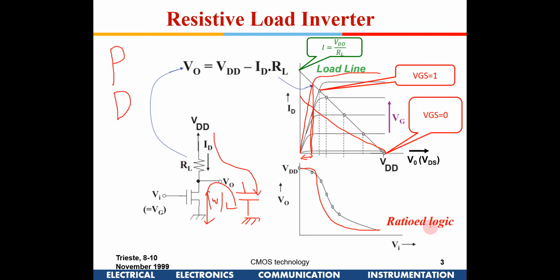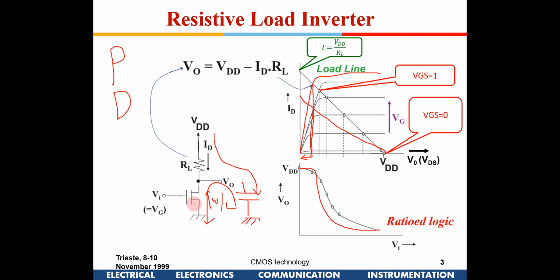Let me introduce you to one more term: this particular topology is known as ratioed logic. When I say ratioed, a lot of students get confused in the exam also. When I say ratioed, it means that VOH or VOL is dependent on the size of the transistor.